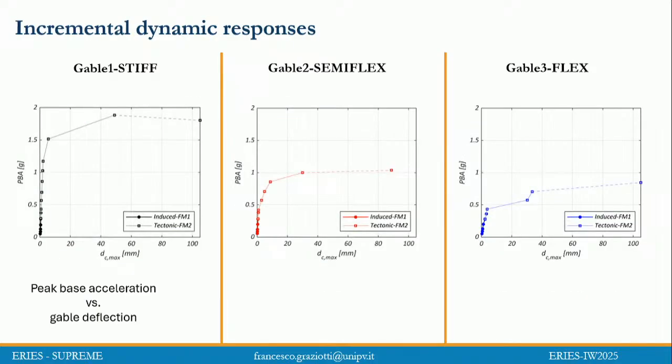Why is it important? Because this is what we call incremental dynamic responses. It's like an IDA, but a test IDA. So we're increasing the peak base acceleration, and we measure, for example in this case, the deflection of the gable.